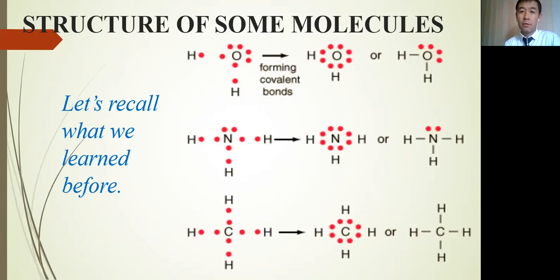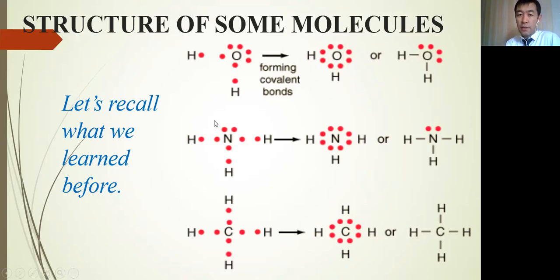Hydrogen has only 1 electron, so oxygen needs 2 hydrogens. The 2 hydrogens bond here, and 2 electrons are shared between the oxygen and each hydrogen. 2 electrons make one single line, which we call a bond.